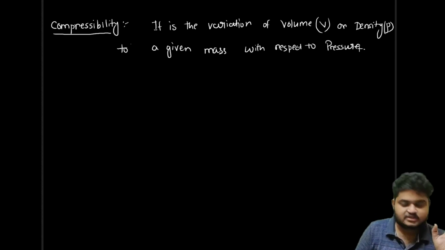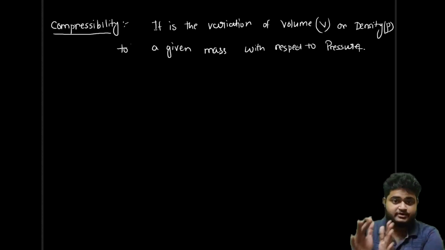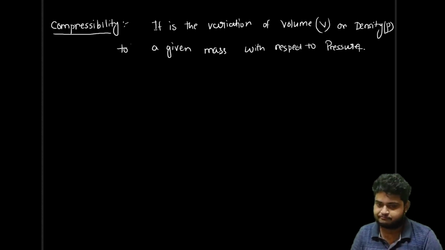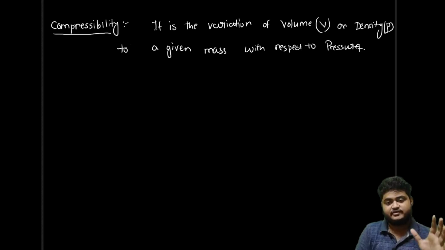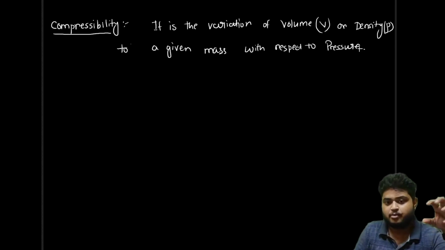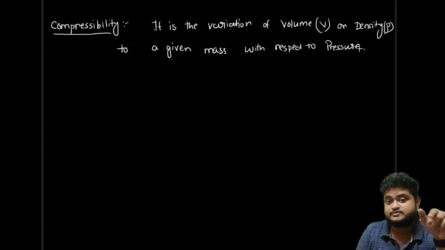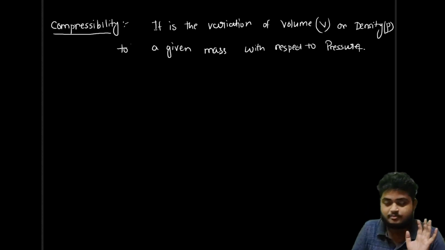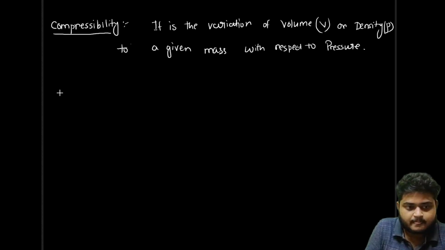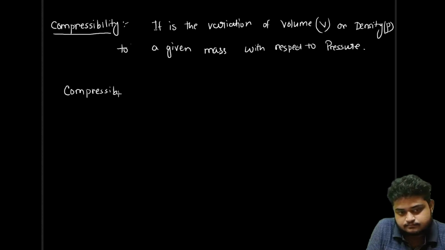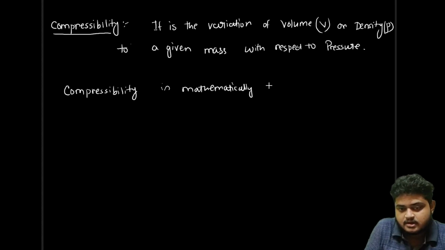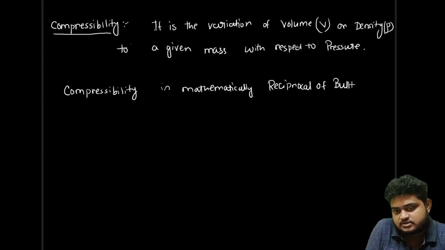What was bulk modulus? Bulk modulus was the change in pressure with respect to change in volume. But what is compressibility? It is the variation of volume or density, the change in volume with respect to pressure. So compressibility is mathematically the reciprocal of bulk modulus.